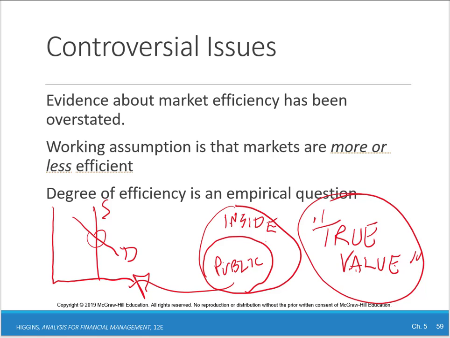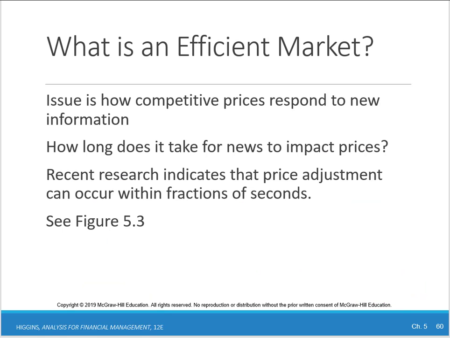So I think maybe you can see that there's a little bit of an issue here. Again, the question we're trying to ask is, is the information fair? The second part of the equation might be, if there is new information, how long does that take to affect the price?